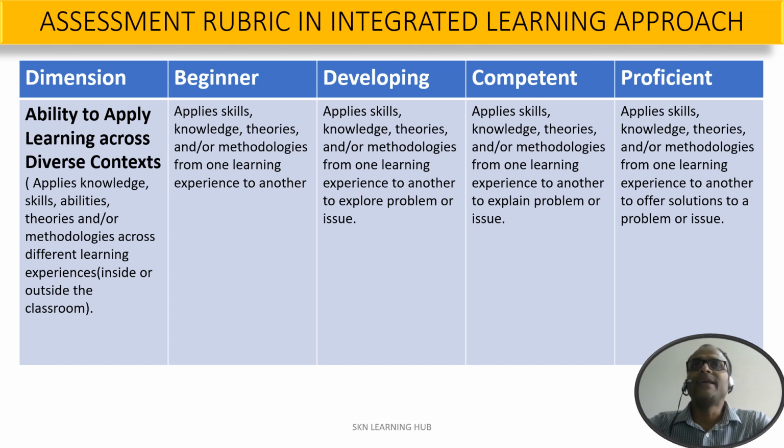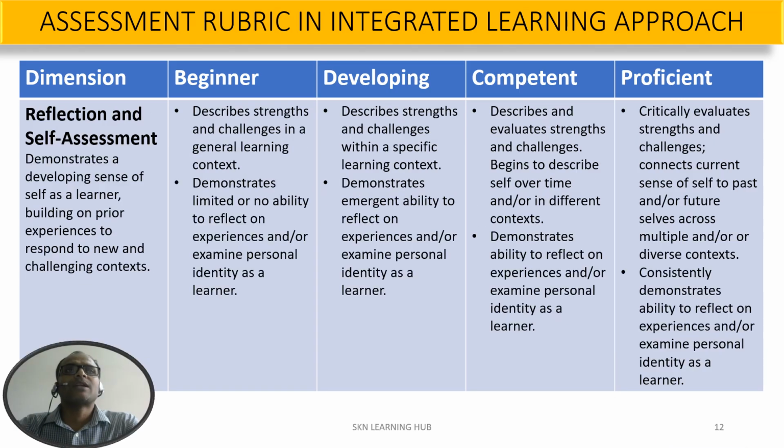Students who apply them from one learning experience to another to explore a problem or issue will be assessed as developing. Students who apply them to explain a problem or issue will be assessed as competent. Students who apply skills, knowledge, abilities, and methodologies from one learning experience to another to offer solutions to a problem or issue will be assessed as proficient.